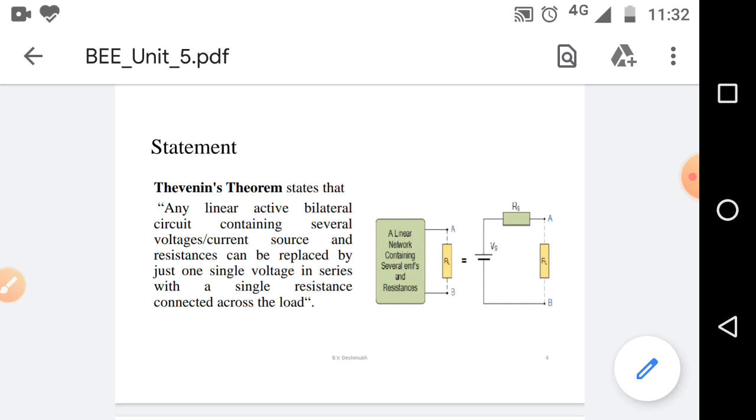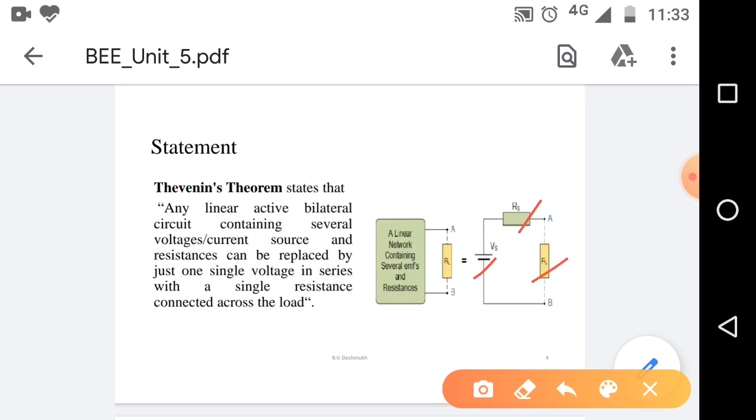In simple language, any network that has some active and passive elements can be replaced by a single voltage source with series resistance across the load terminal. This is the actual statement of Thevenin's theorem.